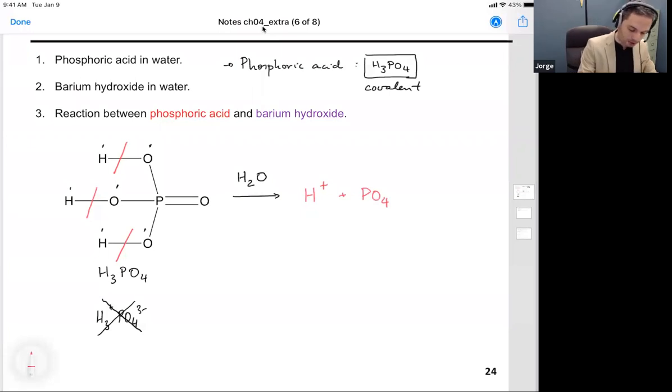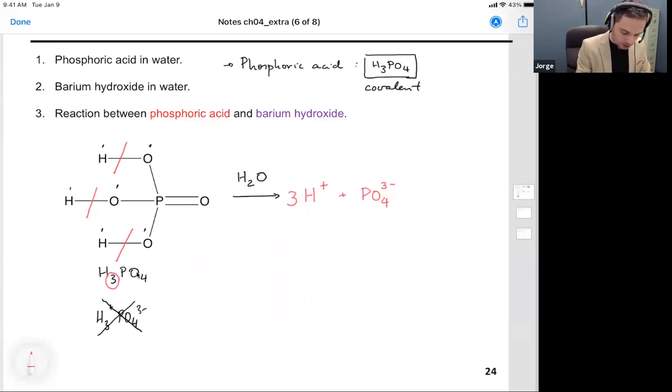Now, don't forget about the charges. PO4 is always 3 minus. To balance the 3 negative charges, we need to have 3 H+ here. And that's what happens when we dissolve phosphoric acid in water. You release H+ and then the anion of what is left. The number of hydrogens that are released, the number of H+ formed, is exactly equal to the number of hydrogens that we have in the formula.